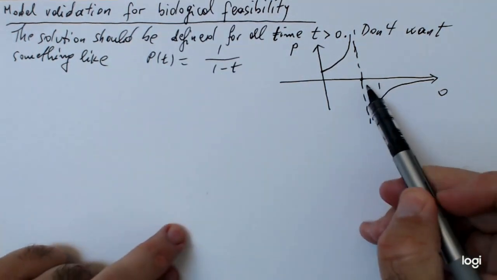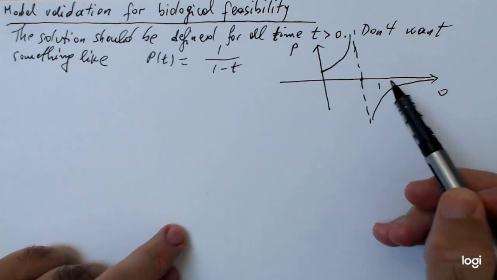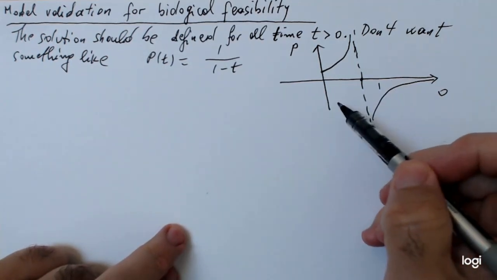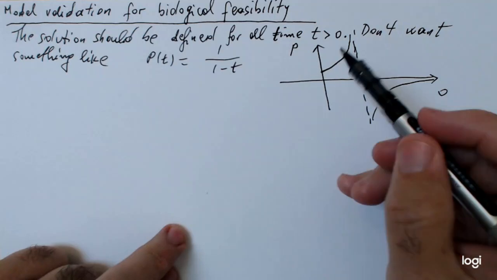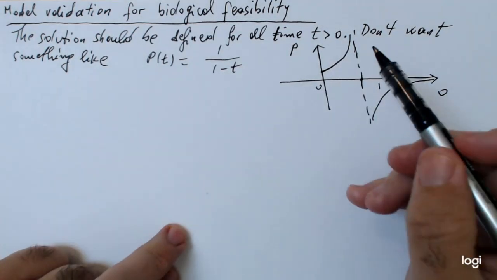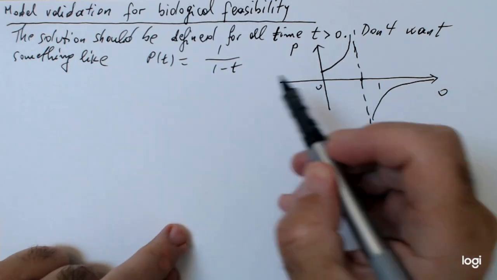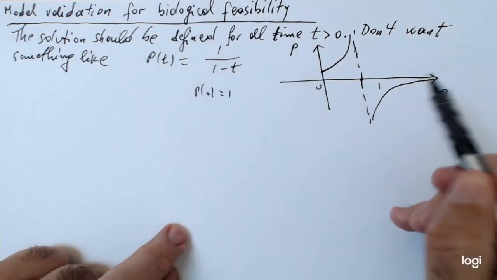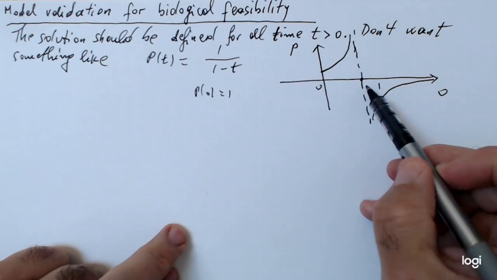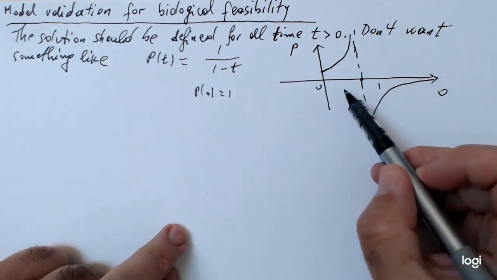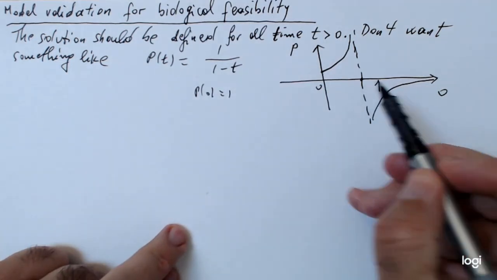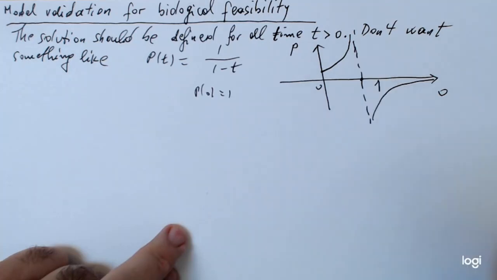What is the problem with something like this? Again, nothing wrong from a math perspective. The theory of differential equations states that if you start with an initial point, let's say P of 0 equals 1, then the solution looks like this. But notice it's not defined for all time t. It breaks down at 1 in the form of a vertical asymptote.